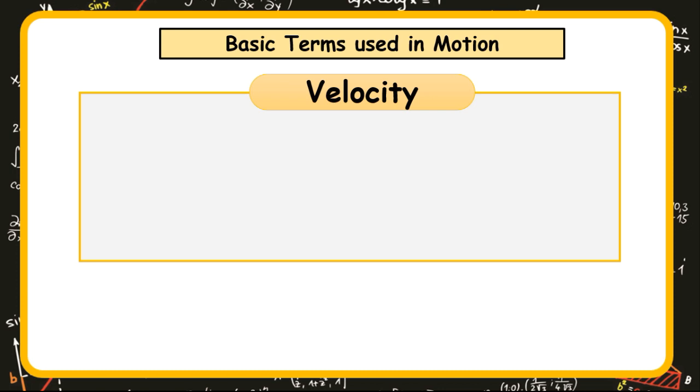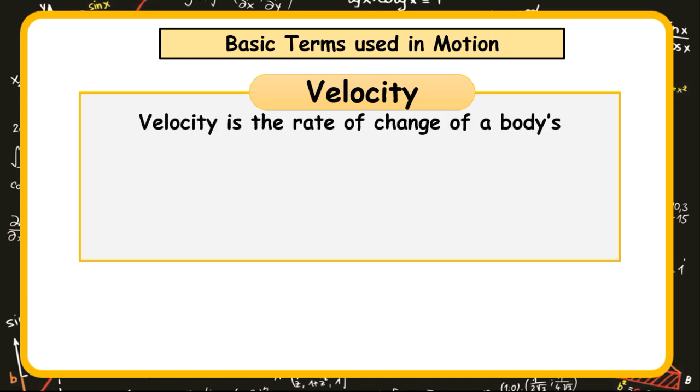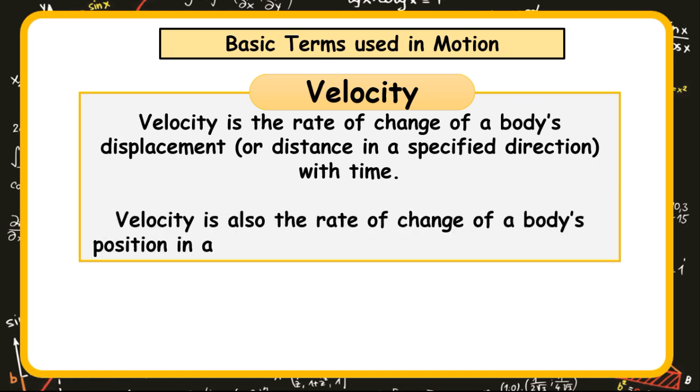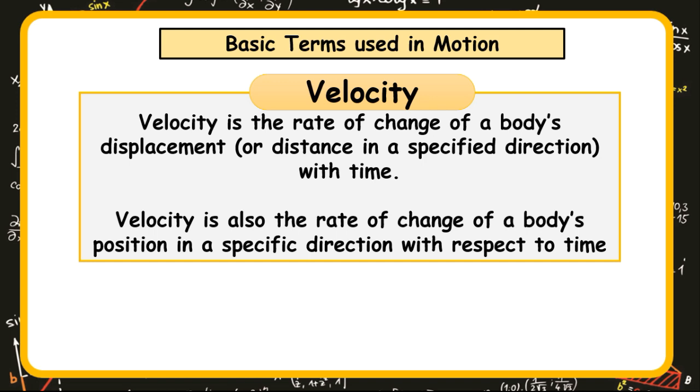Let's talk about velocity. On the other hand, velocity is the rate of change of a body's displacement or a body's distance in a specified direction with time. And velocity could be said to be the rate of change of a body's position in a specific direction with respect to time. That means when you compare the displacement of a body with time, it is velocity.